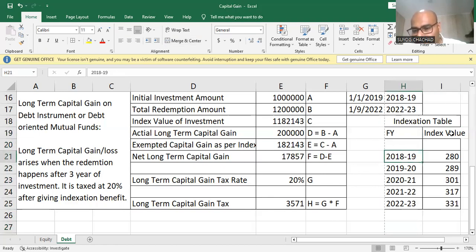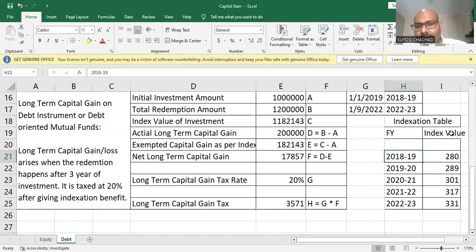Assume a particular thing costs 280 rupees in 2018-19 and is now costing 331 in 2022-23. So you can see the inflation, and we are getting this benefit on our invested amount.